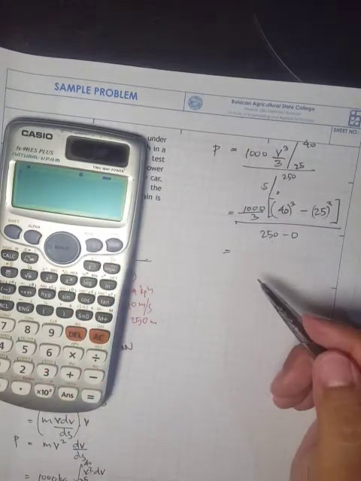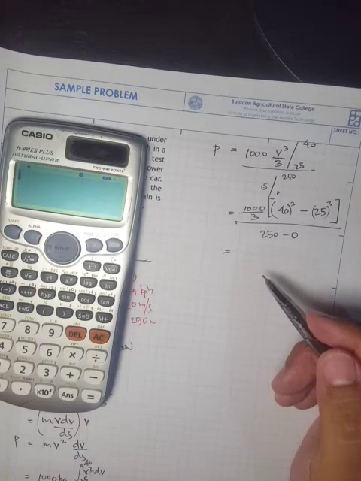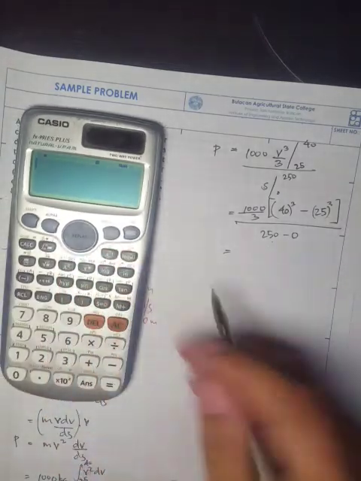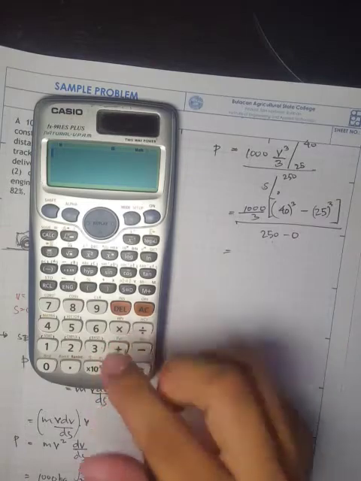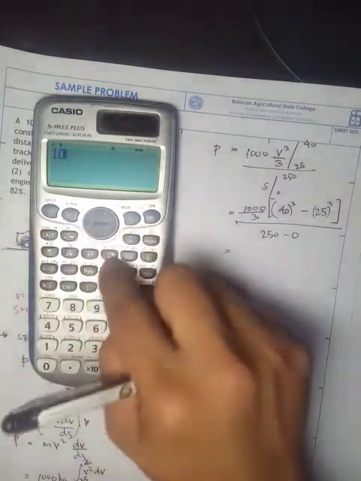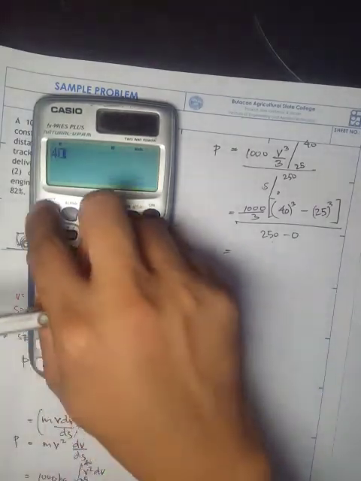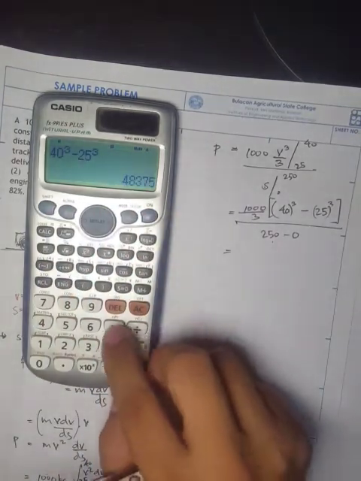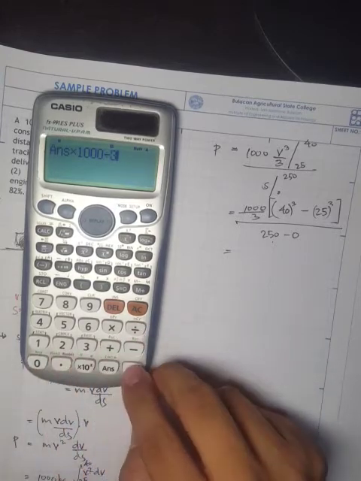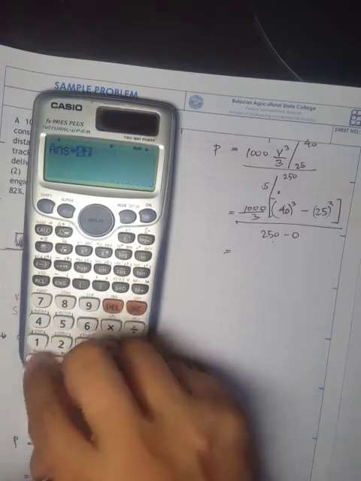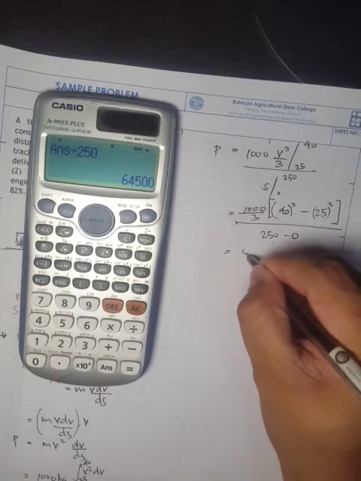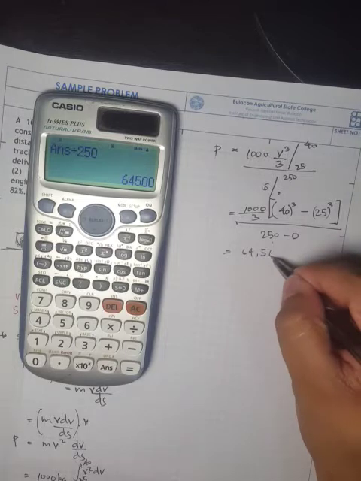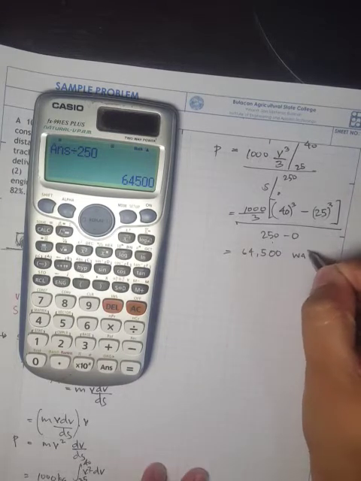So we should have a unit of newton meter per second, or watts. Let's solve for the value: 40 cubed minus 25 cubed, times 1000 divided by 3 divided by 250, which gives 64,500. It should have a unit of watts.